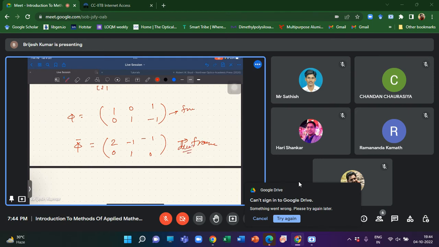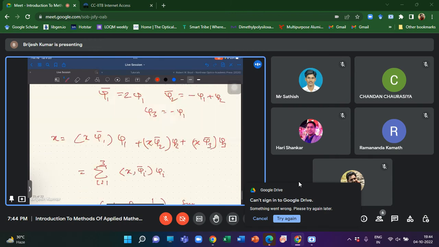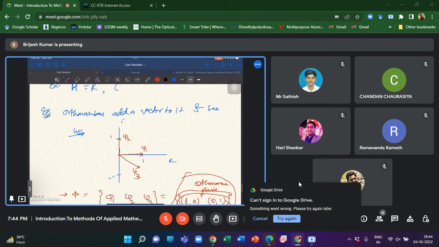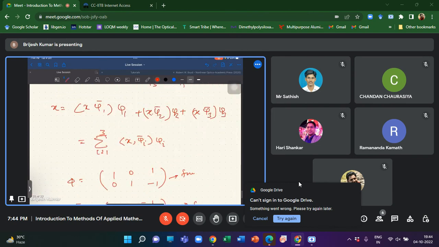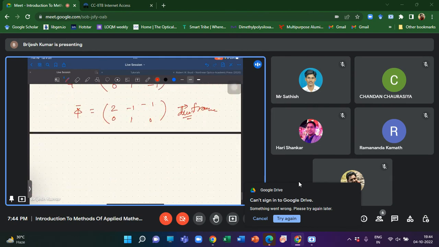So how can we picture this? Phi 1 will be along one axis, this will be 1, this will be 2, this will be 1, and this will be minus 1. If we denote phi 1, it is 2 comma 0, so it goes from here to here.